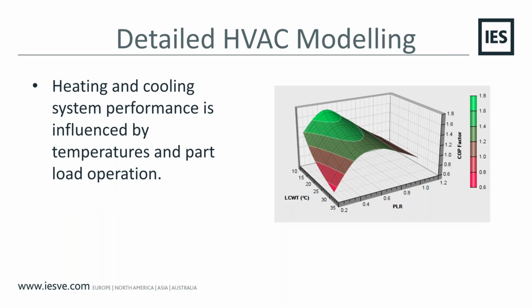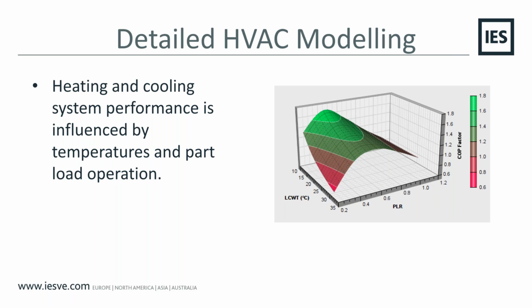Now, similarly for heating and cooling plant, under a simple systems model, the plant efficiencies would typically be represented using a simple seasonal coefficient of performance or seasonal energy efficiency ratio. Now, these SCOPs and SEERs are generally determined from standardized load weightings and standardized outdoor air temperatures that don't necessarily reflect the real design conditions.